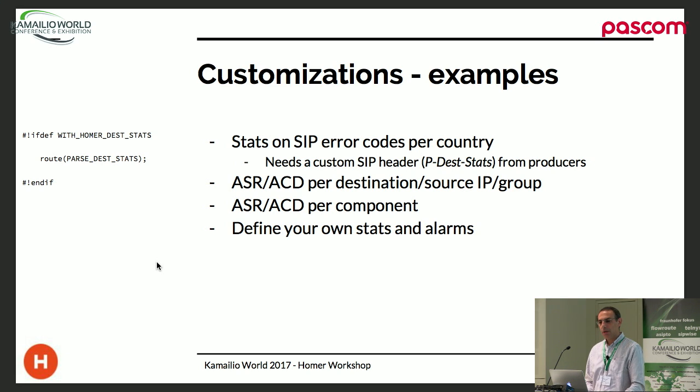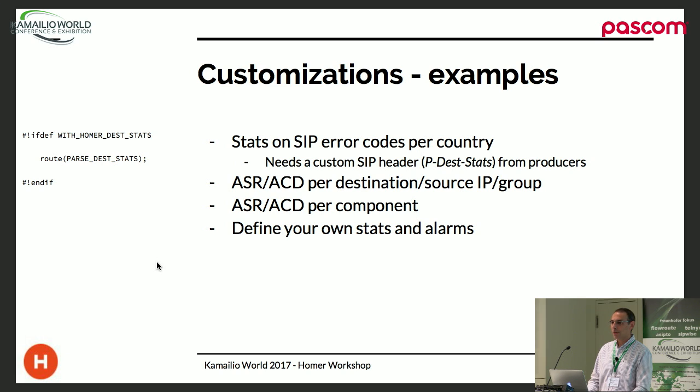Since Kamailio is the consumer of the data, it's possible to customize its behavior. So there is a standard behavior that comes out of the box with Homer, but then you can customize it, and you can extract the statistics that you may need, since you have everything available.